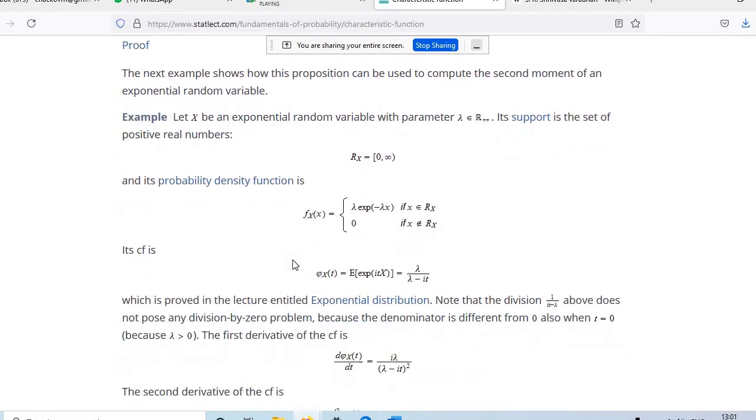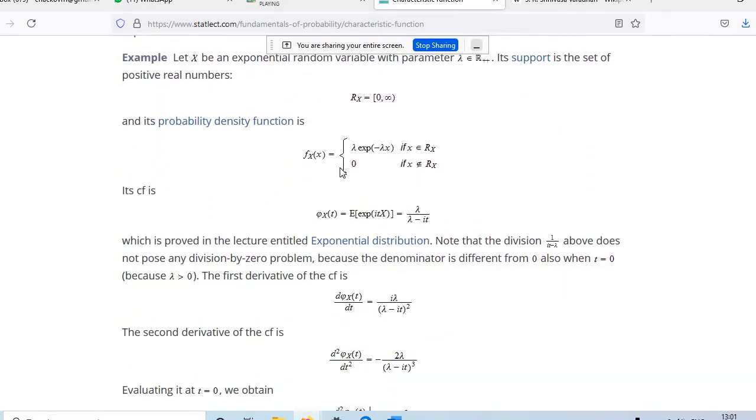Now we consider an example. This is the probability density function. This is the density of exponential distribution. You will study the properties of exponential distribution, but at least you should know the density function. So anyway, you consider it as a probability density function. No need to worry about the name or further details.